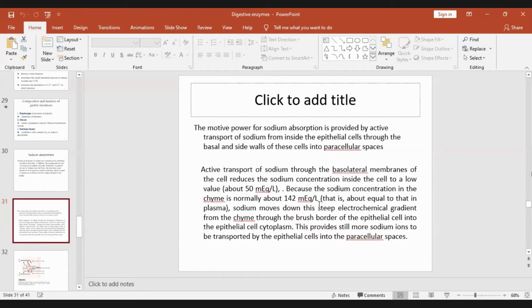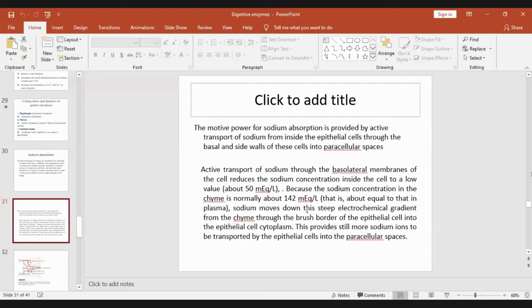Because of that active transport, the sodium concentration inside the epithelial cells, generally about 50 milligram per liter, is reduced to a low concentration. Because the sodium concentration in the chyme, or the basolateral side, is 142 milligram per liter, this causes an electrochemical gradient.